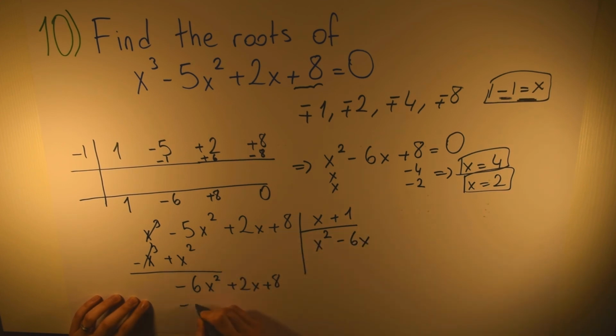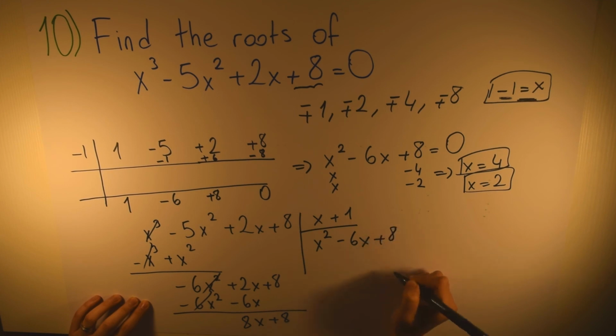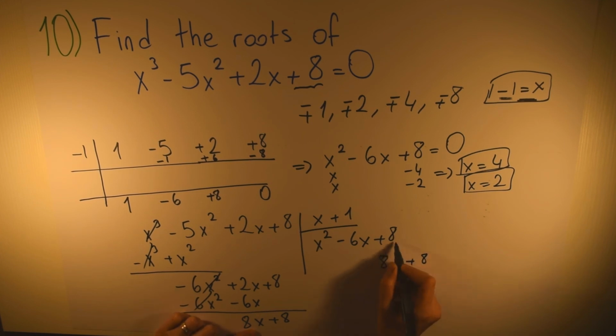It's minus 6x squared minus 6x. So this will cancel out, and this will become plus 6x. So plus 6x plus 2x is 8x plus 8, and I multiply here by 8, and from here we will get 8x plus 8, and this one also 8x plus 8, which will give us 0.